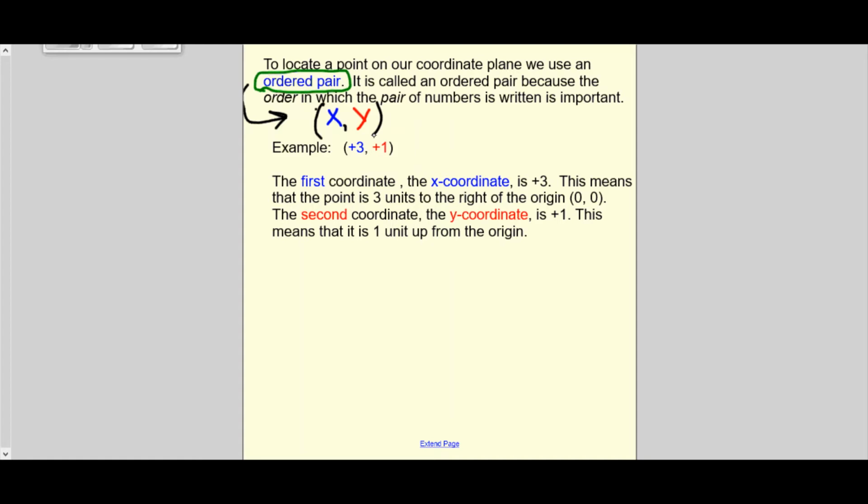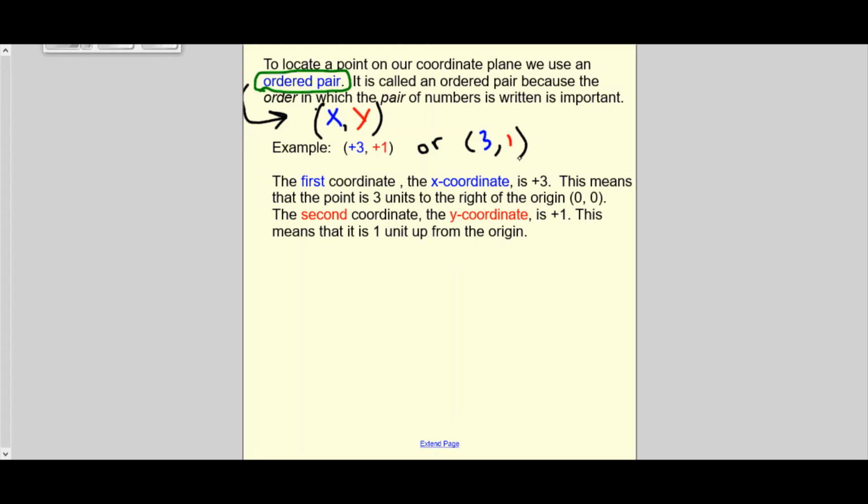In my example, I have the ordered pair +3, comma, +1. And you might see this written as 3, comma 1, like this. These mean the same thing.